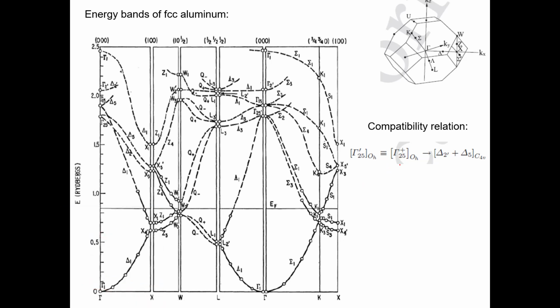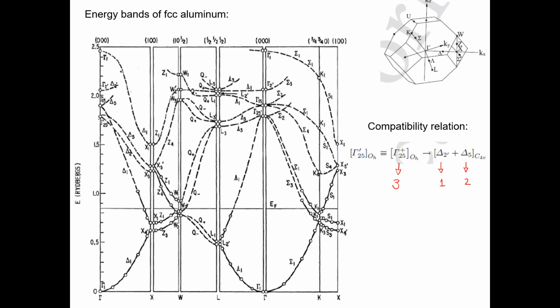So this is a threefold degenerate state. It splits into a one-fold and a two-fold degenerate band. And this is precisely what we see here.